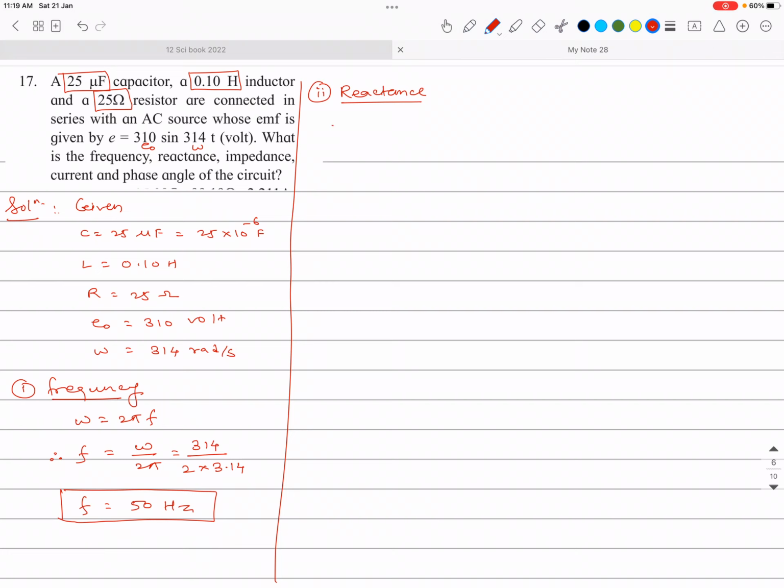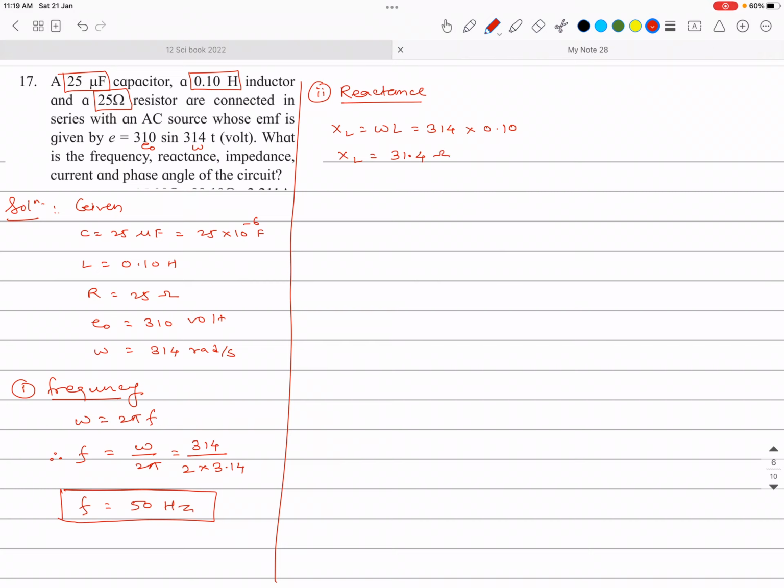So first we find out inductive reactance, which is given by formula omega L. So omega here it is 314, L is 0.10. So after solving this we get inductive reactance is 314 multiplied by 0.1, it is 31.4 ohm.